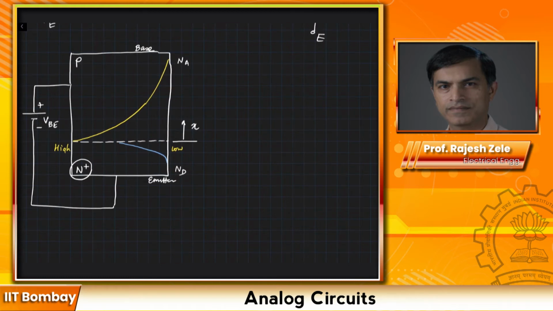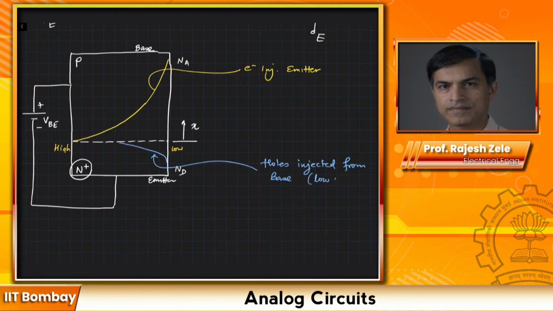Let me draw here: these are electrons injected from the emitter into the base region, and this would be holes injected from the base. So this has lower concentration and this has very large concentration, N plus.